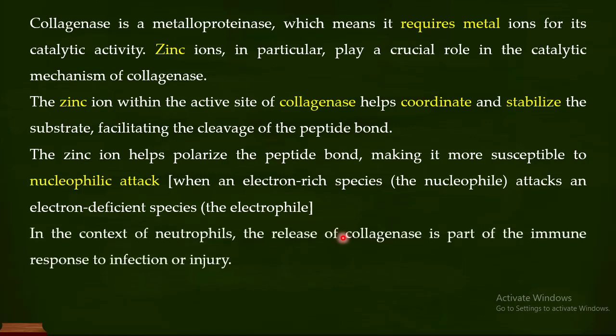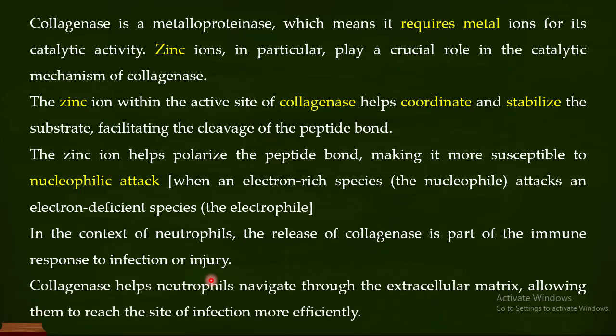Now, in the context of the neutrophils, the release of this collagenase is part of the immune response to infection or injury. This collagenase helps the neutrophils navigate through the extracellular matrix, allowing them to reach the site of infection more efficiently. As I've told you, collagens are very important proteins in the extracellular matrix, providing stability.